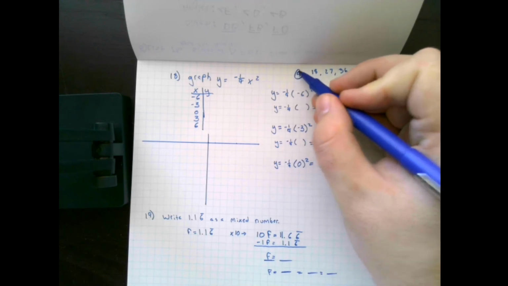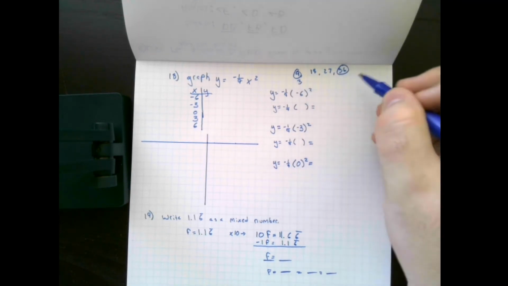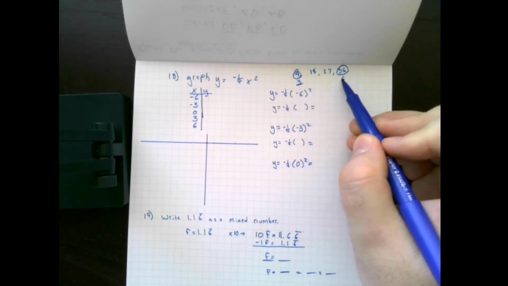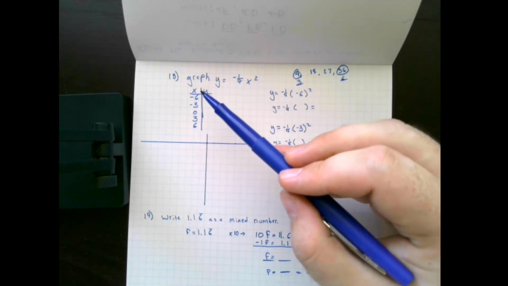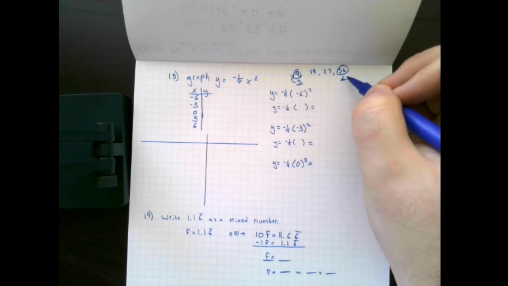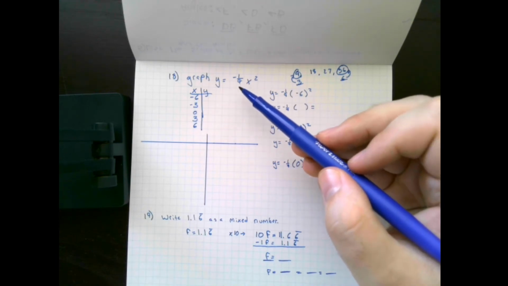Well, 9 and 36 are perfect squares. 9 comes from 3, and 36 comes from 6. I'm going to use 3 and 6 as my inputs, because whatever I put into this equation, I'm going to square it, giving me these, and then that will be easily divided by 9.